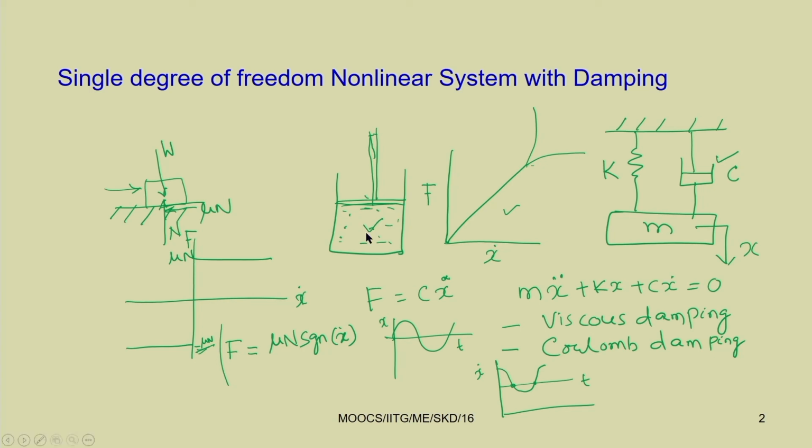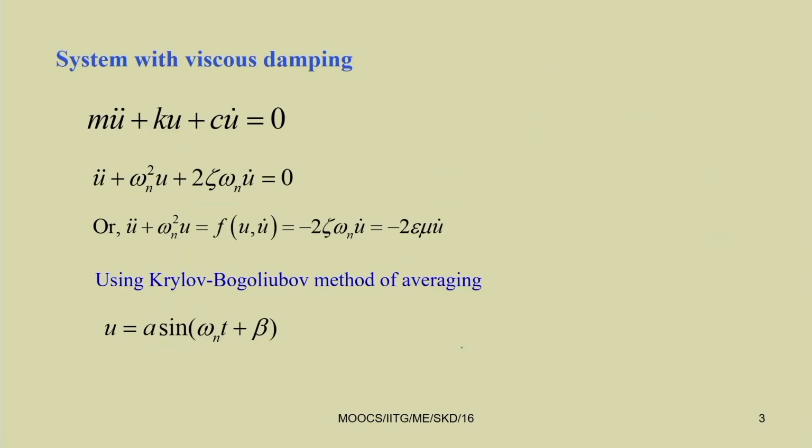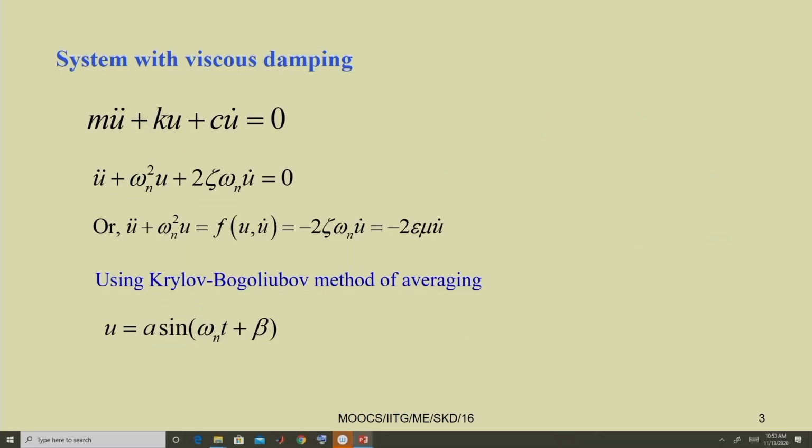For example, in this particular case it is passive, that means whenever we apply this force, it exerts a force on this thing. But we can make it active, for example, by putting some iron particles in this and applying a magnetic field. When we apply a magnetic field, the iron particles will align themselves and the viscosity of the system will change.